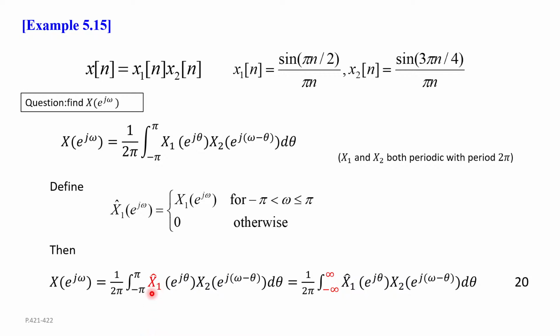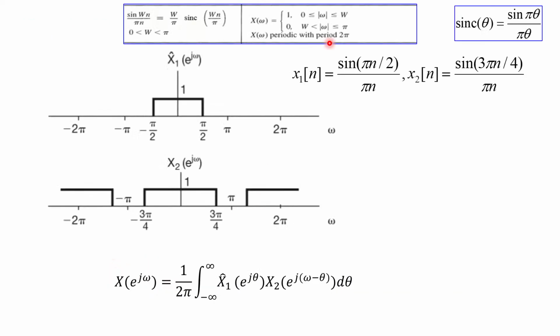And then because x1 hat is 0 outside of minus pi to pi, we can write this as the integral from minus infinity to infinity of x1 hat. Okay. So first you change x1 to x1 hat to cut off all the extra parts of x1.